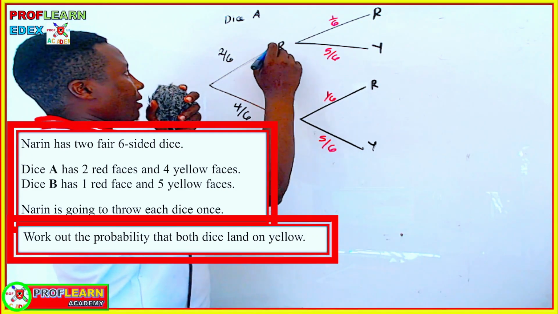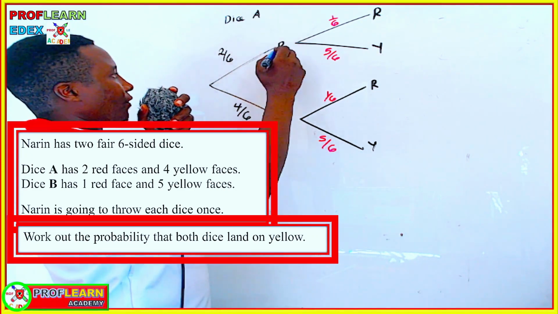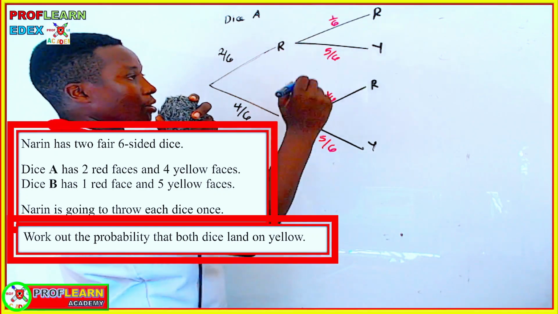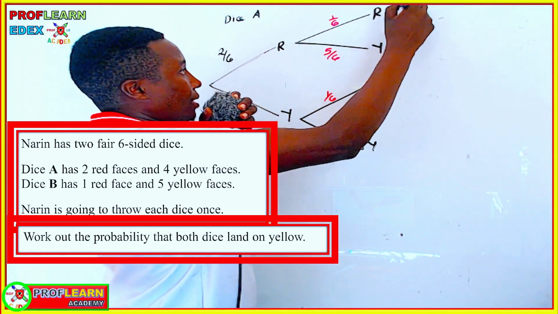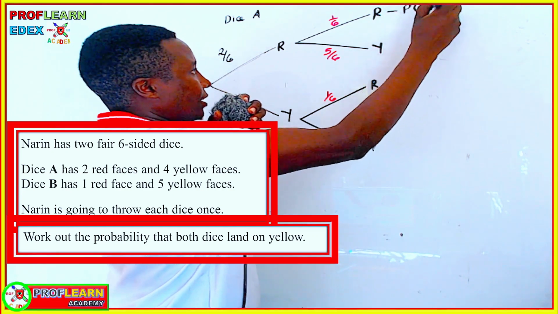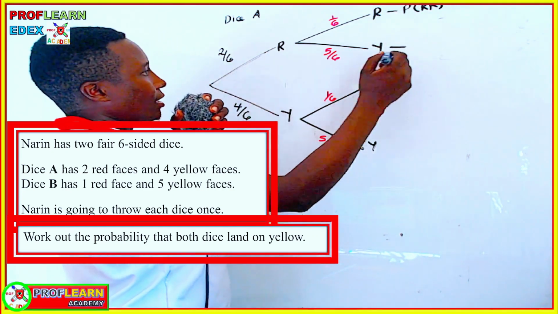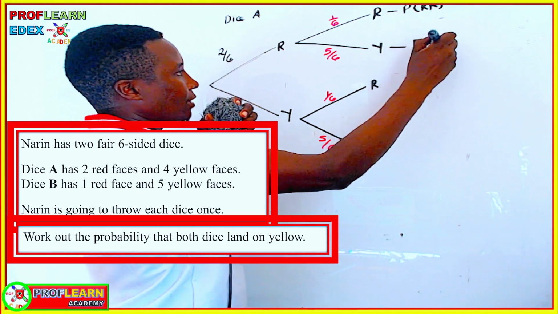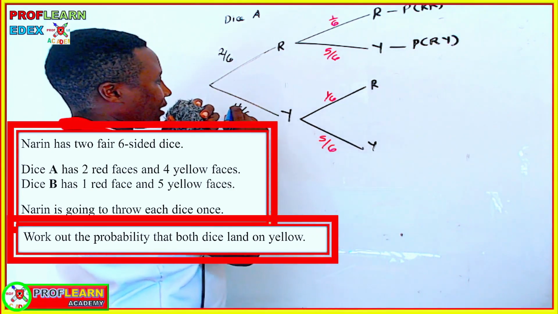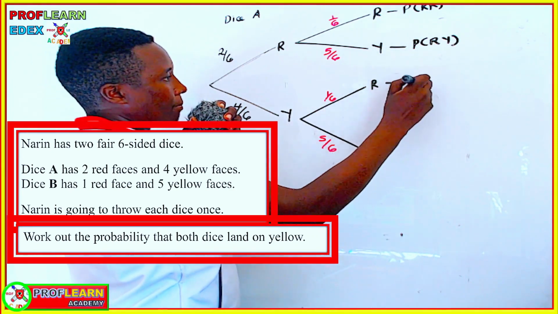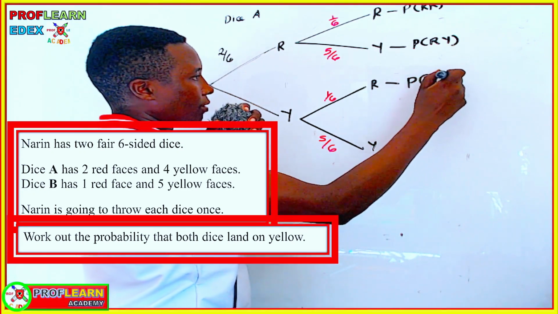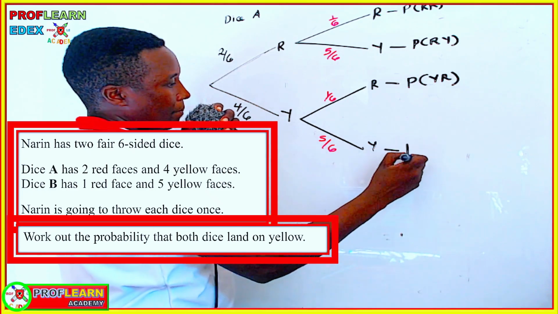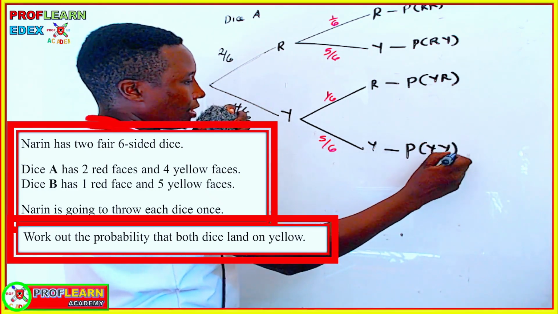If the first dice is thrown and the face is red, and once the second one is thrown and it is red, this means the probability here is red, red. Probability here is red, yellow. Here is yellow, red. And here probability is yellow, yellow.